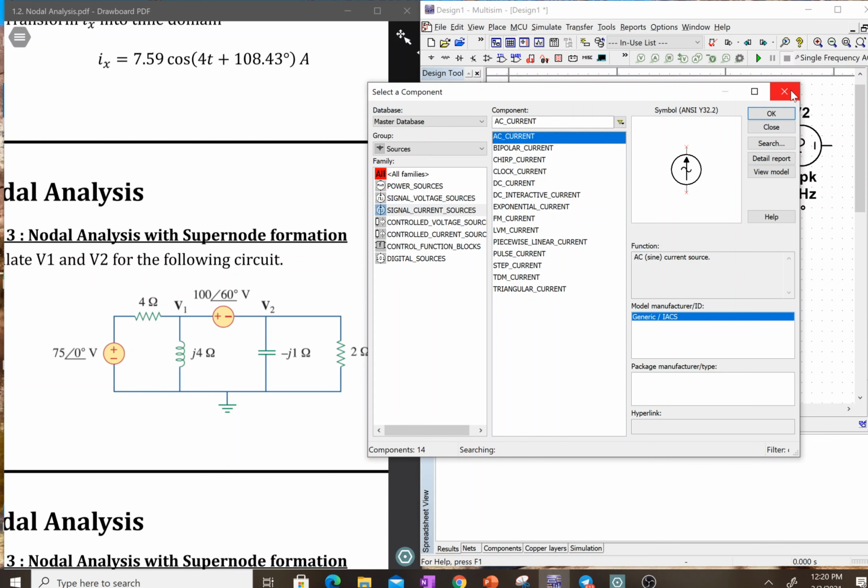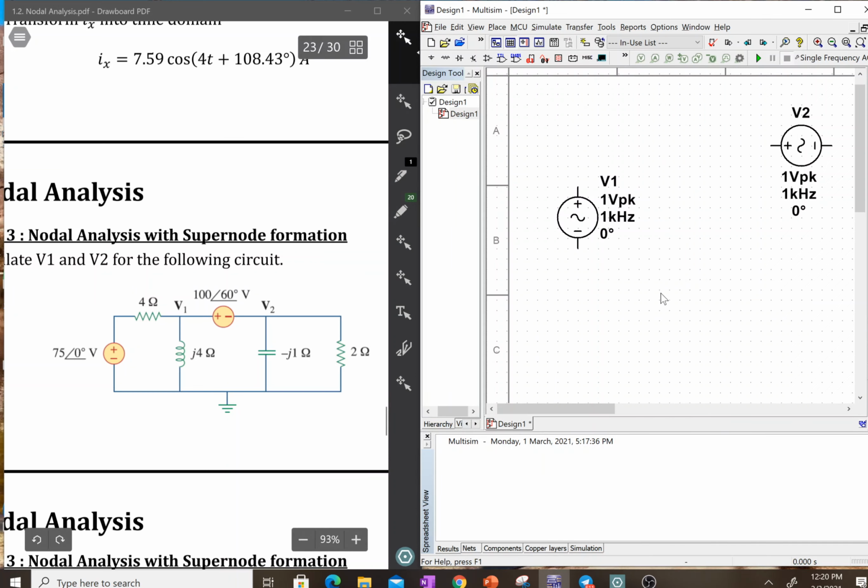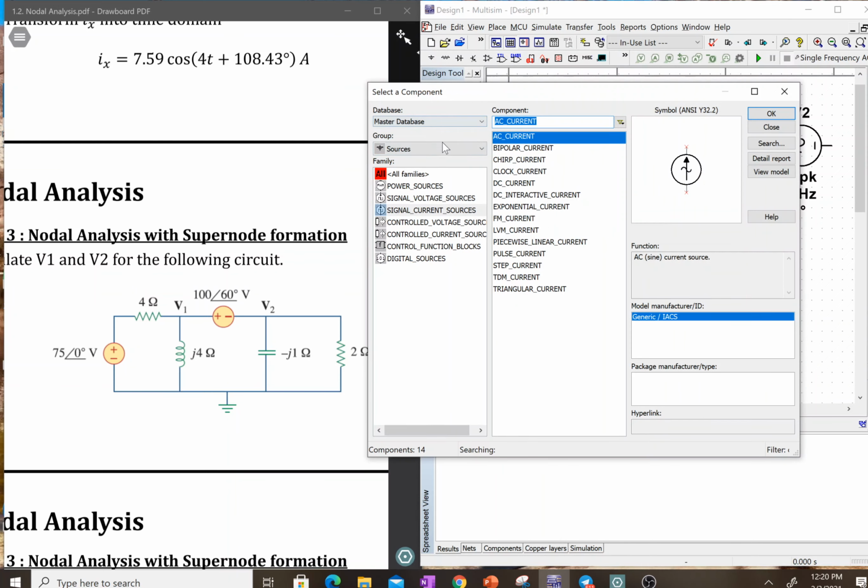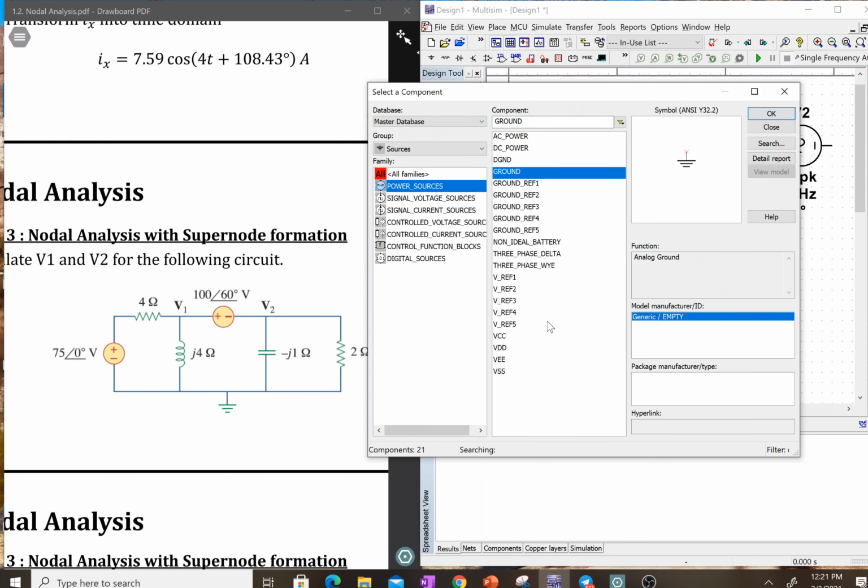Okay, so for this circuit we only have two voltage sources. Okay, only voltage source. And then don't forget your ground. So under the same group, which is under source, we need to choose ground. So you can choose under power source and select ground.